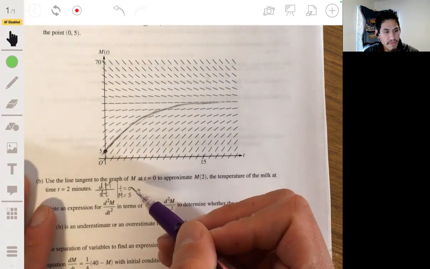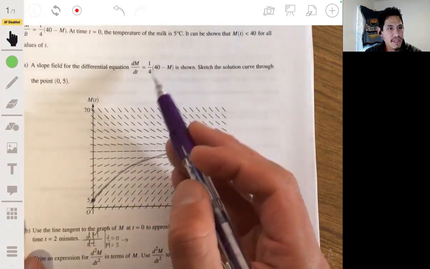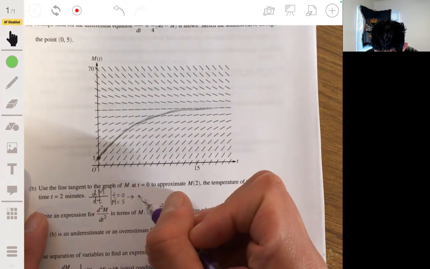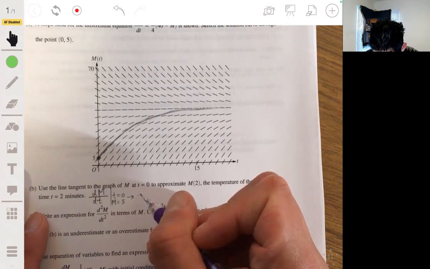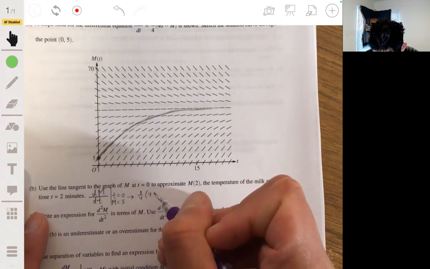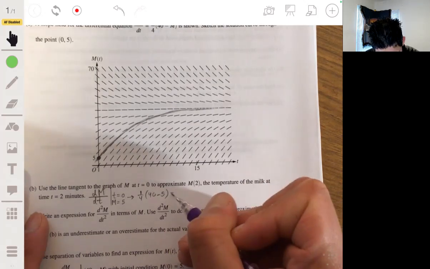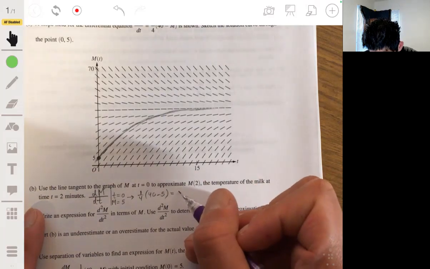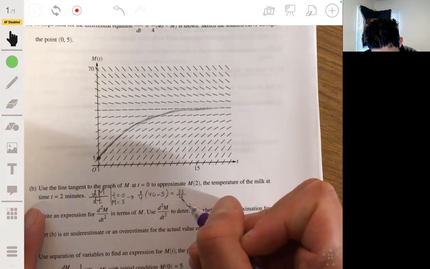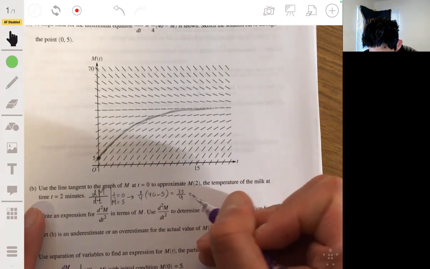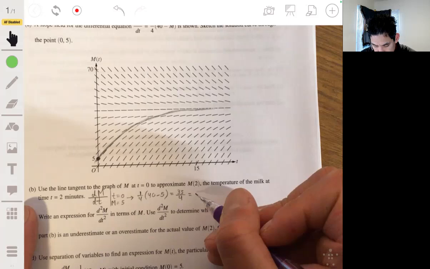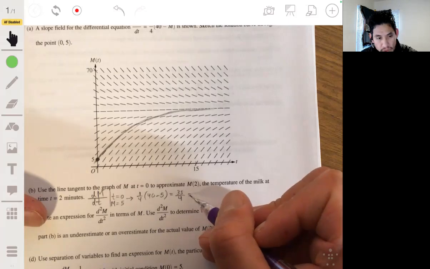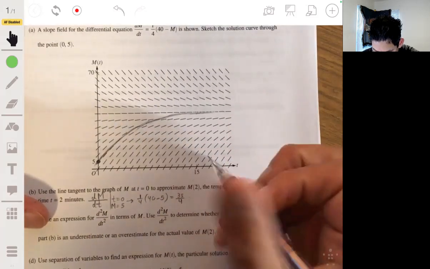And so we plug these values into this equation: 1/4 times (40 minus 5). So 1/4 times 35, which is 35 over 4. Let's just leave it at 35 over 4. I don't want to mess up with a decimal approximation.